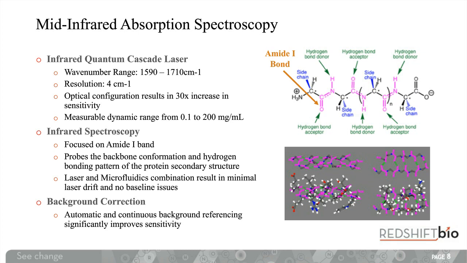And due to the optics and the quantum cascade laser that we're using with the system, this extends the dynamic range of microfluidic modulation spectroscopy to much broader than with Fourier transform infrared spectroscopy, which was limited to a minimum of about 10 milligrams per mL sample. With microfluidic modulation spectroscopy, we can measure within a dynamic range from 0.1 milligrams per mL to over 200 milligrams per mL.